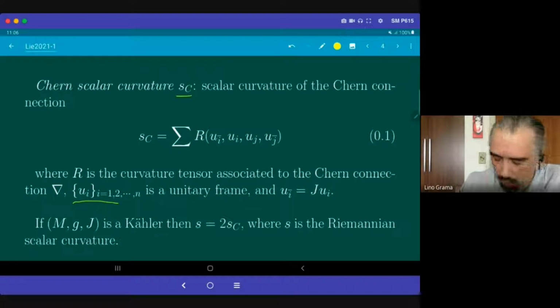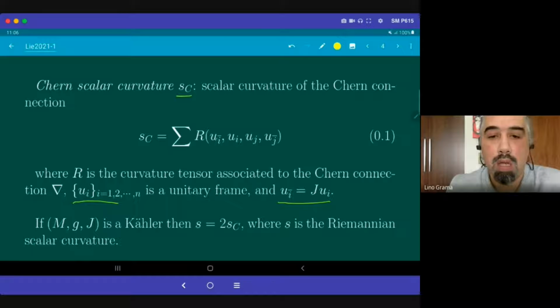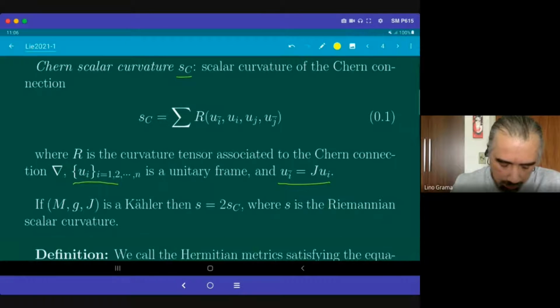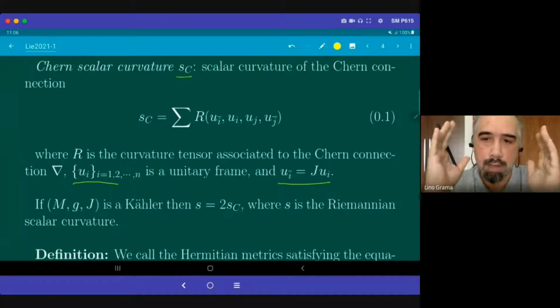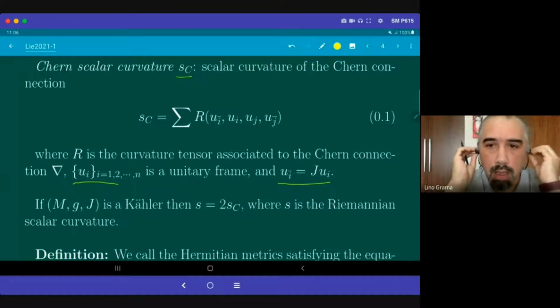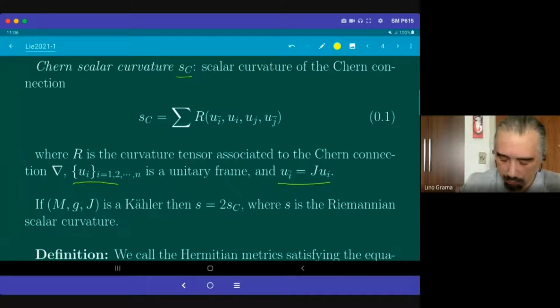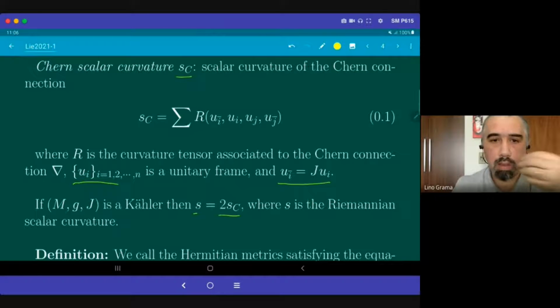This is the usual notation, with u_ī = J u_i. And if this almost Hermitian manifold is a Kähler manifold, in this case the Chern connection coincides with the Levi-Civita connection. In this case, the Riemannian scalar curvature is equal to 2 times the Chern scalar curvature.